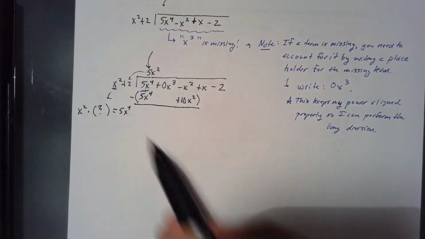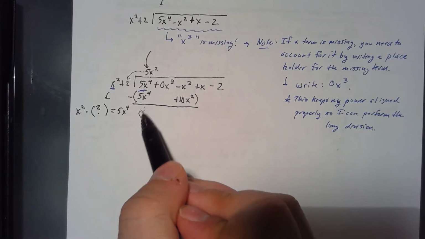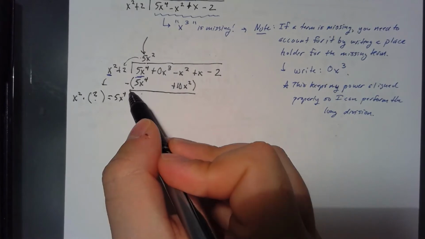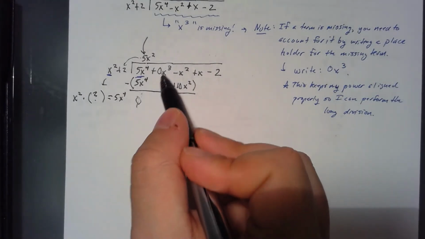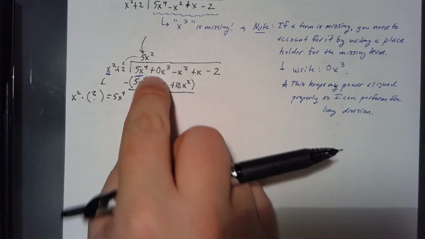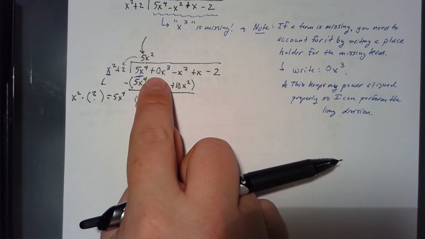Alright. 5x to the 4th minus 5x to the 4th gives me 0. That's good. 0x cubed minus 0 is just 0, so I don't have to worry about that. Remember, that's just a placeholder, just there to keep track of my long division. Alright.